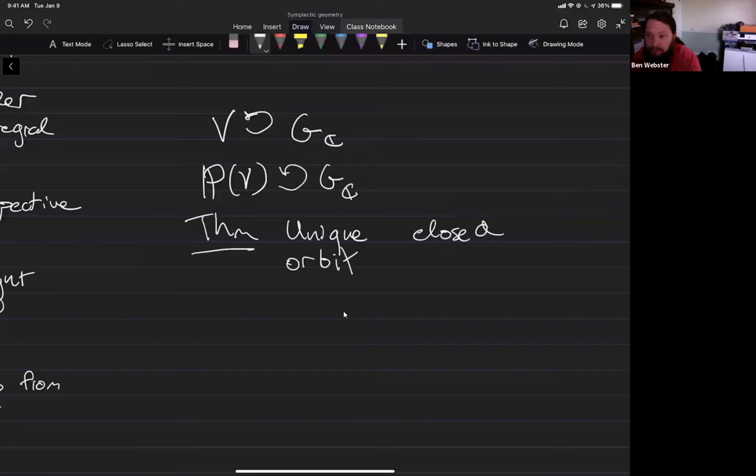So another way to define the parabolic is it's the stabilizer of a point in one of those closed orbits. And this unique closed orbit is actually isomorphic to the corresponding coadjoint orbit as a complex manifold. And this is the embedding that corresponds, under the usual connection between projective embeddings and line bundles, to the pre-quantum line bundle for your choice of symplectic form.